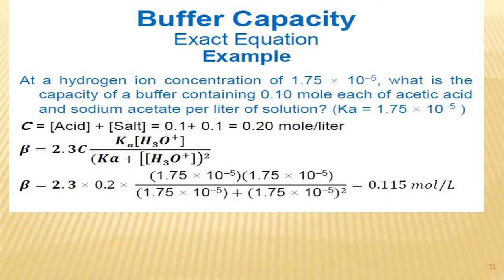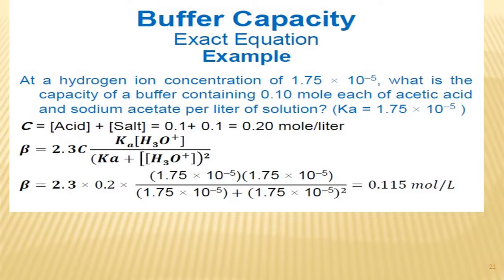Next, add a hydrogen ion concentration of 1.75 multiplied by 10 to the power minus 5. What is the capacity of the buffer? This is the same example, but now the buffer capacity is unknown and we have the concentrations known. You will rearrange the equation by adding the concentrations of acid and salt together and you will get C, the total concentration for both.